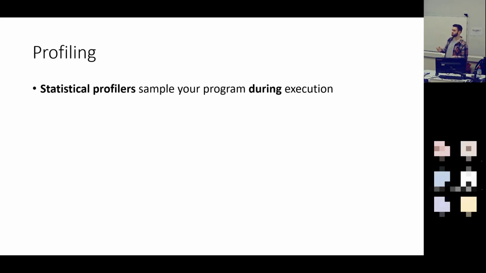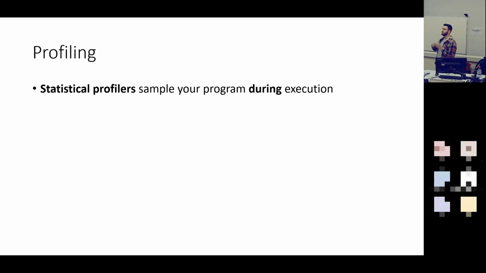So benchmarking is one way you can look at a single function in your code and determine how fast or slow it is. But if you go into a big code base where you don't actually know which functions are the slow ones and there's a lot of things to check, an alternative approach is called profiling. So the main approach that we use in Julia is called statistical profiling.